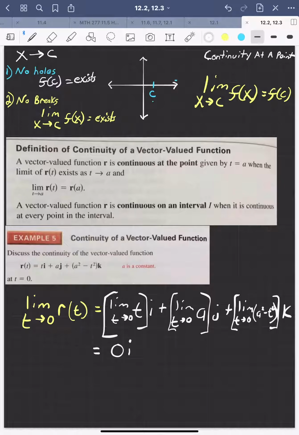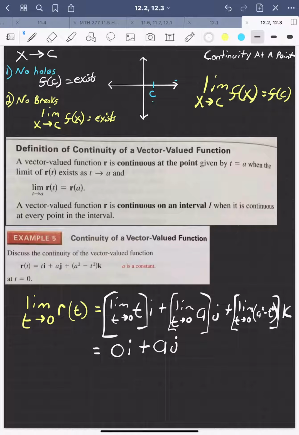If I plug 0 in for t, I have 0i. All right, in this case, a just represents some arbitrary constant. And as you recall, the limit of a constant is just a constant, right? So the limit has no bearing on the constant itself. So as t approaches 0 of a, well, you just have a.